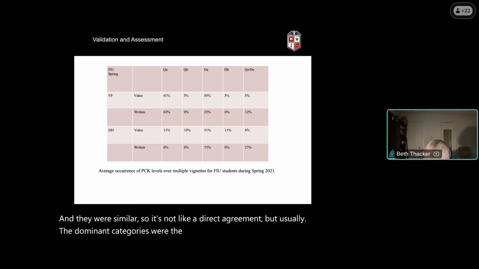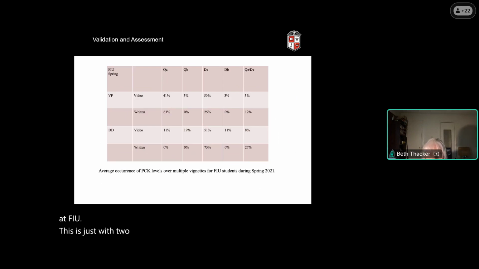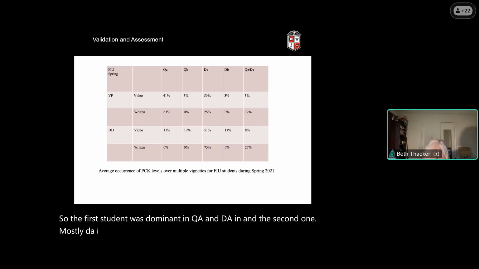We saw the same kind of thing at FIU. This is just with 2 students. So the first student was dominant in QA and DA, and the second one, mostly DA, I guess. But you could usually pick out 1 or 2 dominant categories.